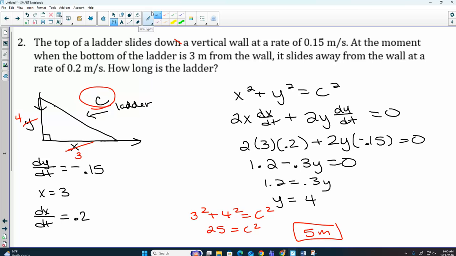Okay, we have had several of these ladder type problems where it's really just looking at a triangle that's changing. What questions do you guys have there?